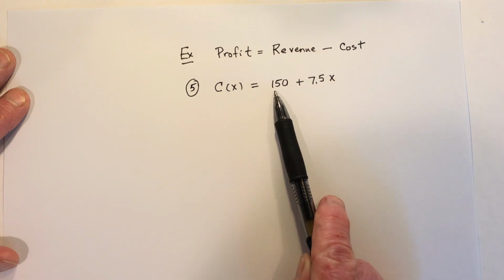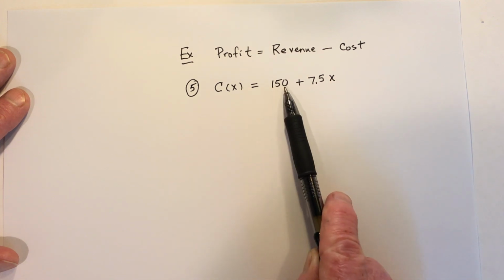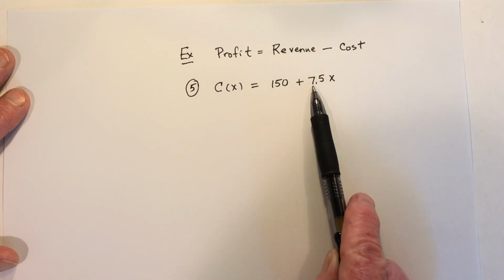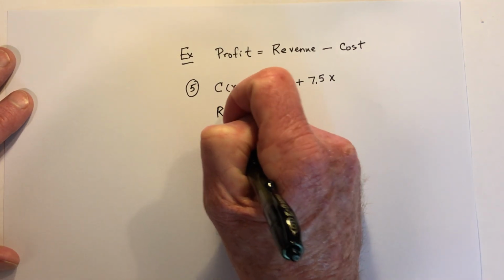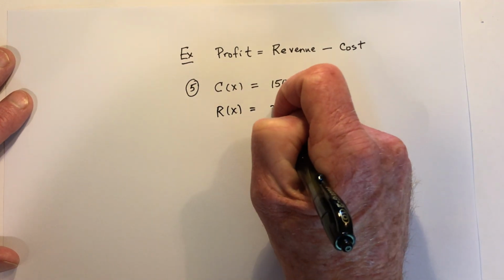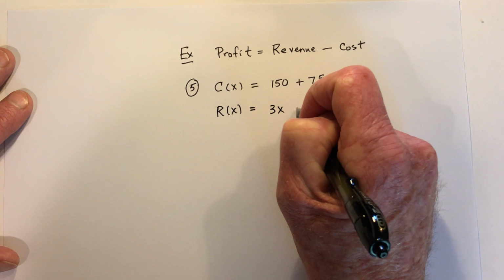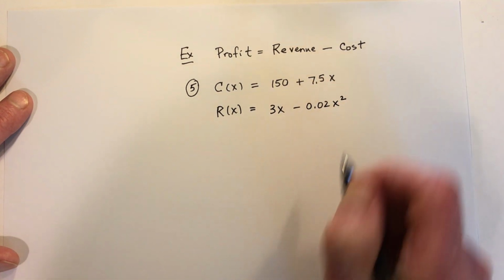But first we had to buy the machine, which cost us $150. So after we bought the machine at $150, then it can produce these things and they cost $7.50 each. Then their finance department was able to find out their revenue is going to be 3 times x minus 0.02 x squared.